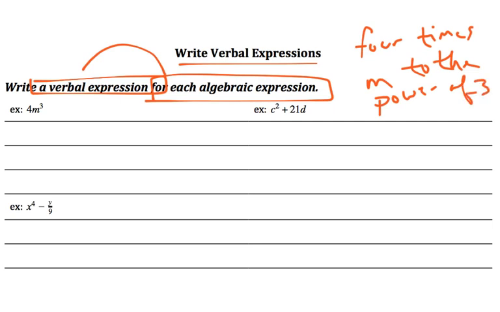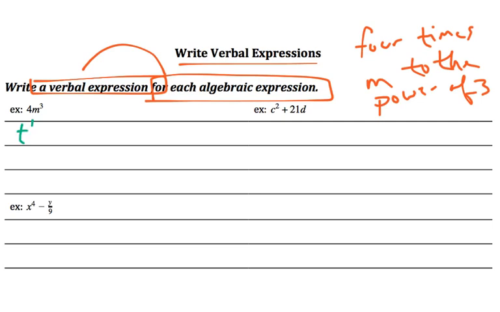But since these are our notes, we probably want to do a little bit more fancy stuff. So I'm going to think about the fact that multiplication is implied between that 4 and that m cubed. And I'm like, well, there's a fancy word for multiplication.